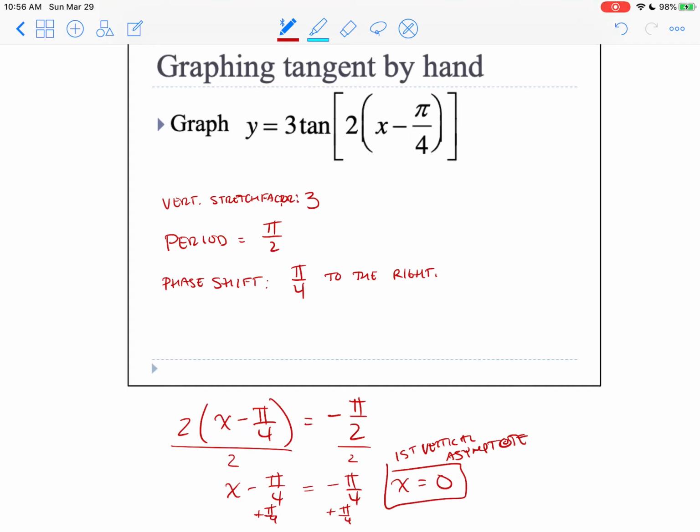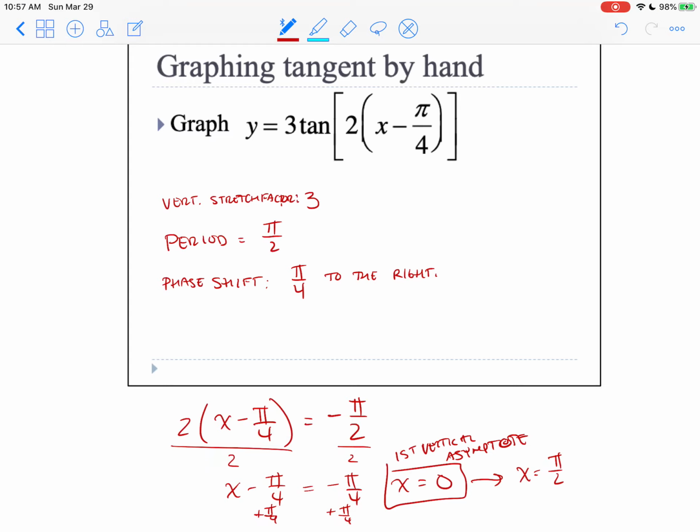And I know that the next vertical asymptote is going to be 1 period away. So the next one's going to be pi over 2 away from that, which in this case, since we're at 0, is pi over 2. And so it turns out that one of my vertical asymptotes is actually the same value as it would have been all along.